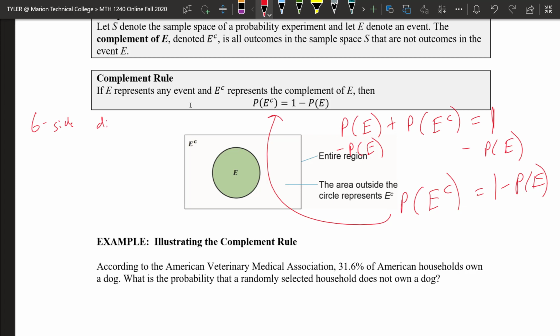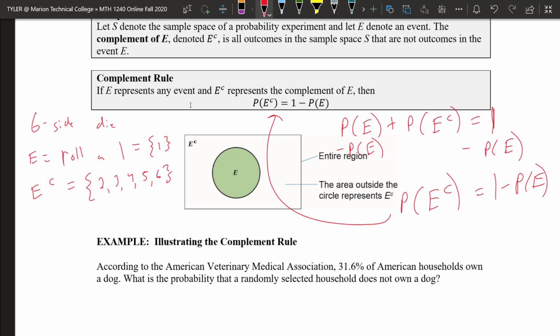Maybe E is the event that I roll a 1. So E complement would be equal to rolling a 2, 3, 4, 5, or 6. Those are all the possibilities that are not in E, because E would just be equal to the set with just 1 in it.